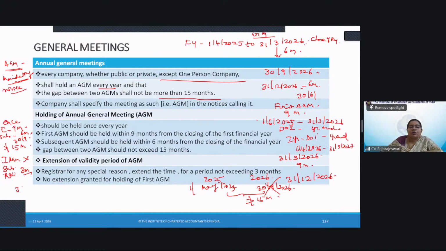So you should hold the AGM on or before 31st December of that year. He can grant an extension not exceeding 3 months. The maximum time limit is 3 months. So you can hold the AGM on or before 31st December. That is the concept.